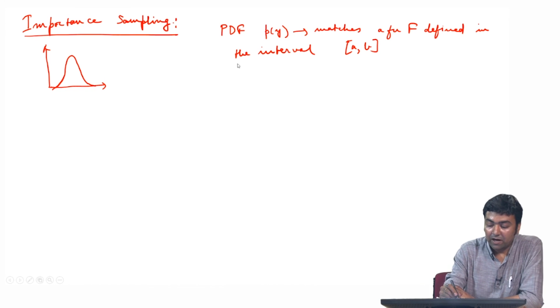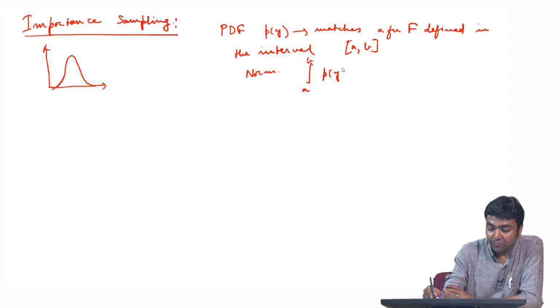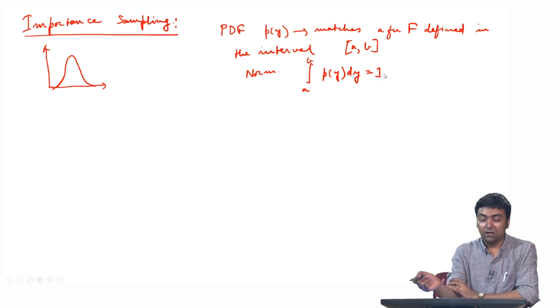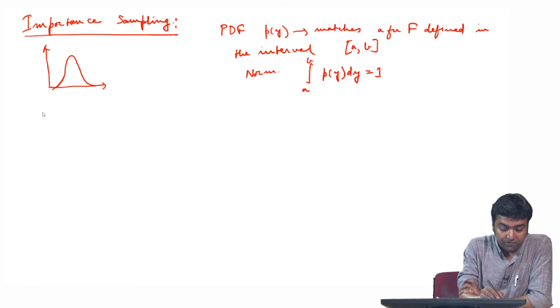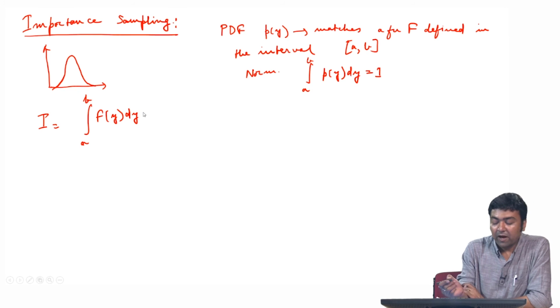So, the normalization condition is the integral from a to b of p(y) dy equal to 1. What we are going to do is evaluate the integral of the function f(y) dy.